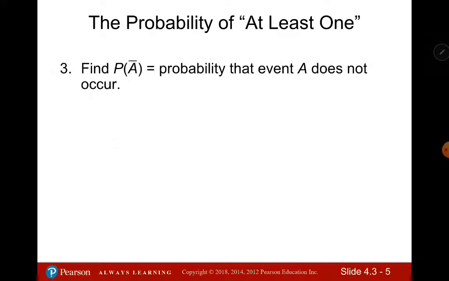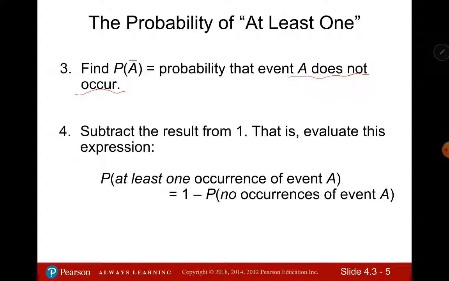Step 3. Find the probability of A does not happen, so the probability of none. After that, you are actually interested in the probability of at least 1, not the probability of 0.